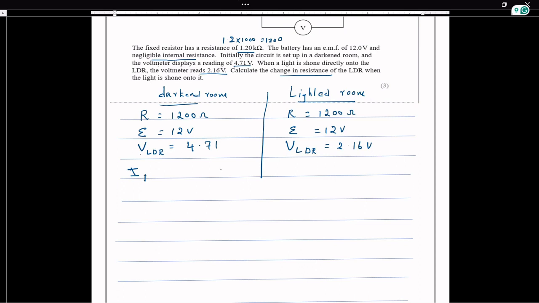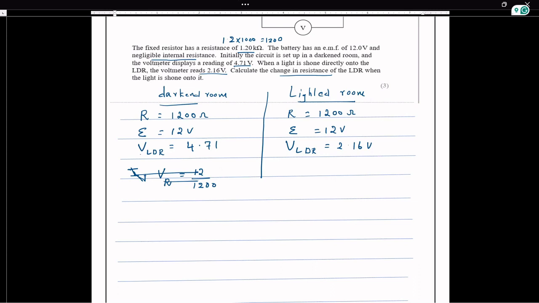So first we calculate the voltage across the fixed resistor, which is the EMF voltage over the resistance. Voltage drop, so this is the current.